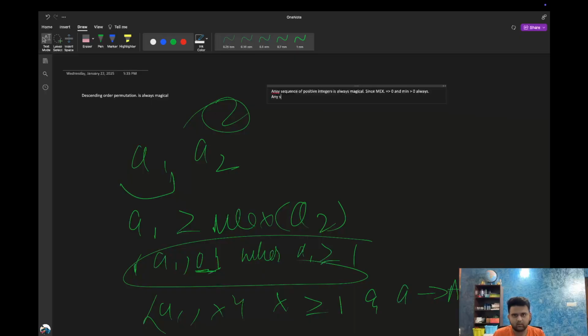Also any sequence where 0 is in the beginning and after it is all positive integers is also always good.